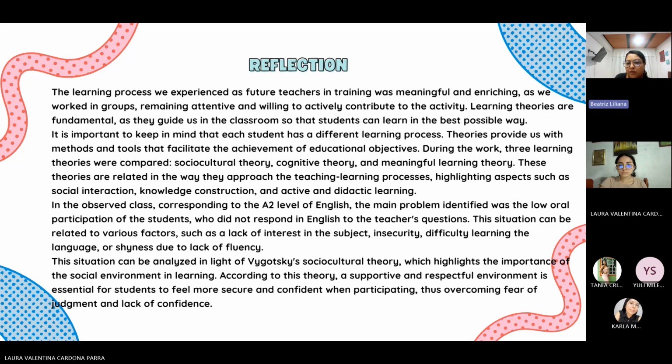According to this theory, a supportive and respectful environment is essential for students to feel more secure and confident when participating, thus overcoming fear of judgment and lack of confidence.